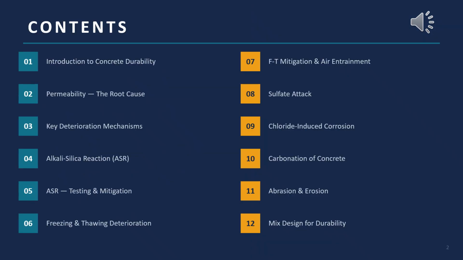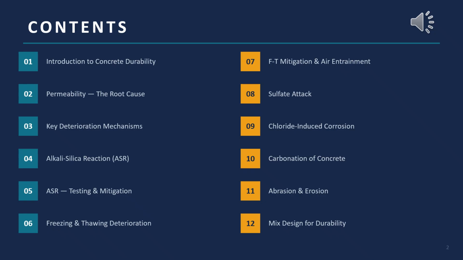Here is an overview of everything we will cover today. We have 12 major topics organized into roughly four thematic blocks. We begin with the fundamentals: what durability means and what controls it. Then we move into specific deterioration mechanisms, starting with alkali-silica reaction and freeze-thaw, which get most of the attention.